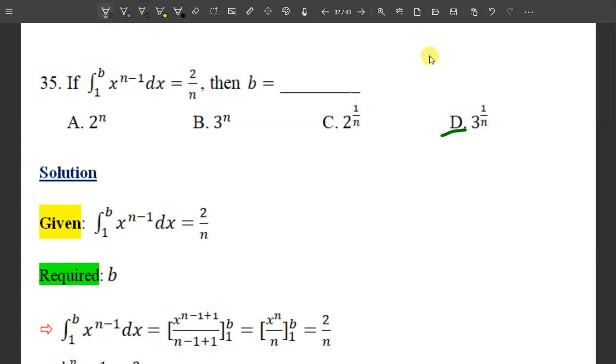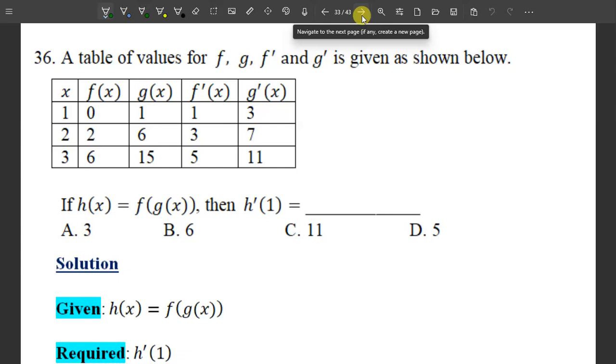Now let us turn to the next question and the final one for this part of the video. Question number 36. It says, a table of values for f, g, f prime, g prime is given as shown below. This is a table.